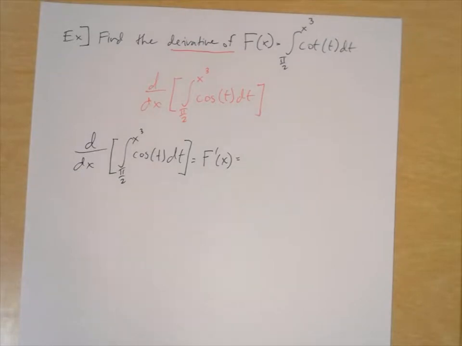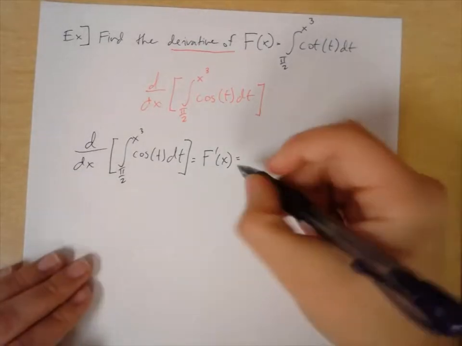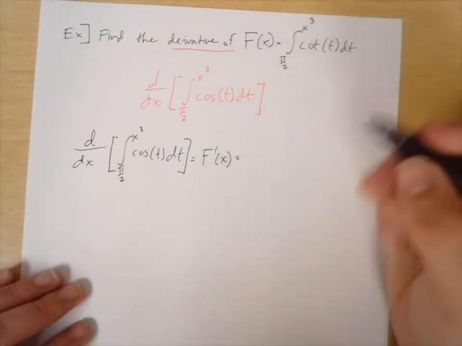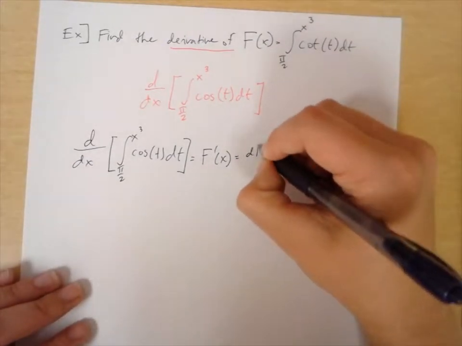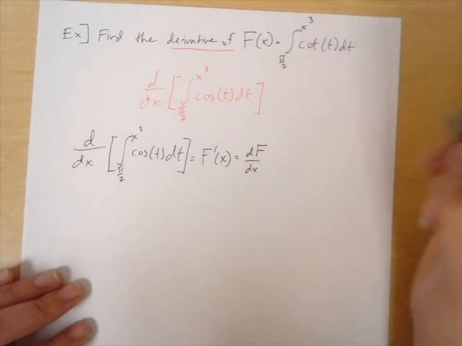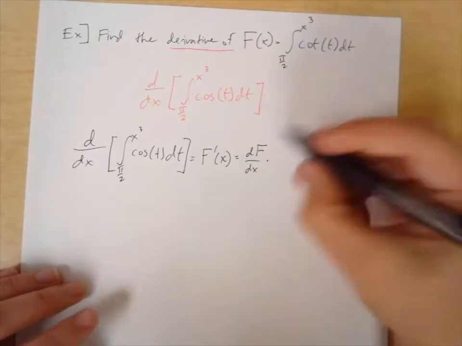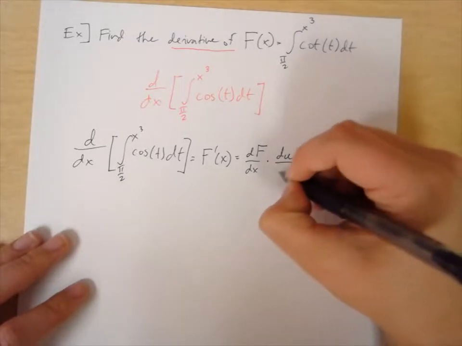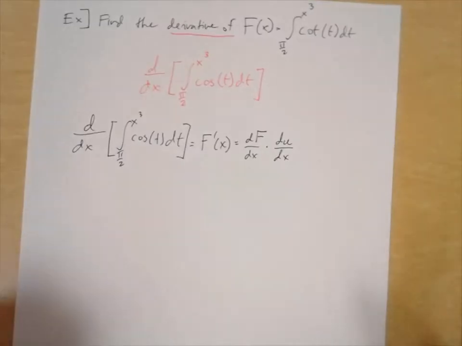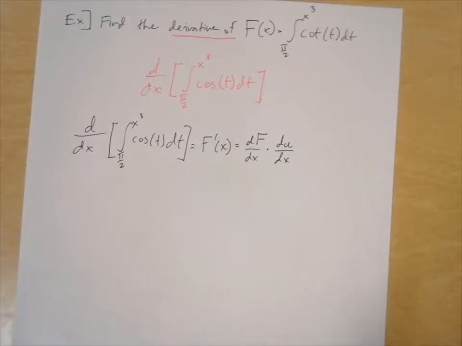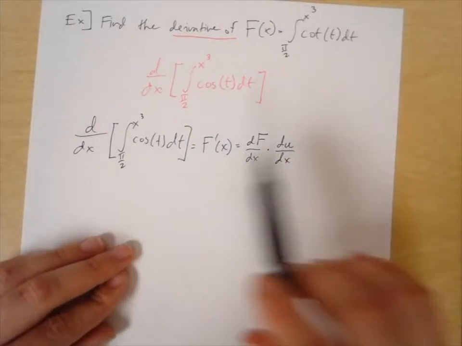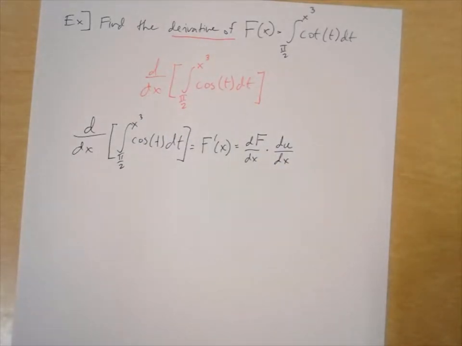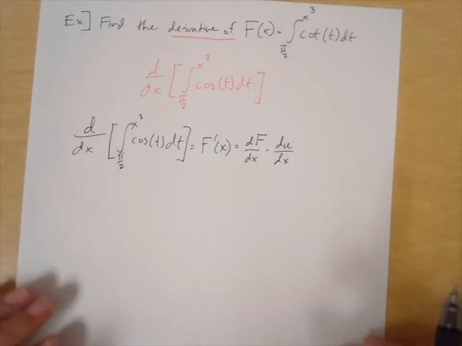Here's what I mean by that. I can do the derivative of big F of x, so I can say dF dx times the derivative of whatever's inside, times du dx. And here's what we're going to call u. We're going to call the u piece the x cubed because we don't have a way to handle that cubed otherwise. We have to use the chain rule.